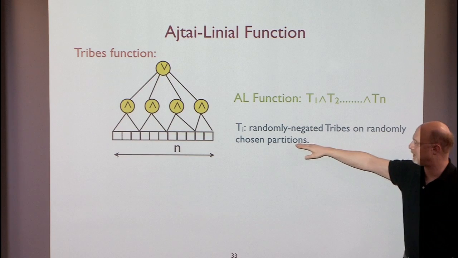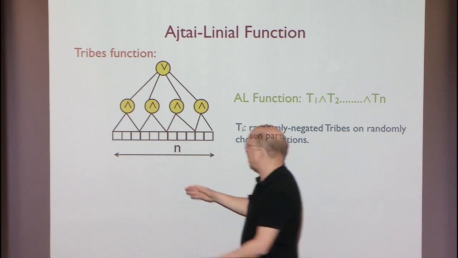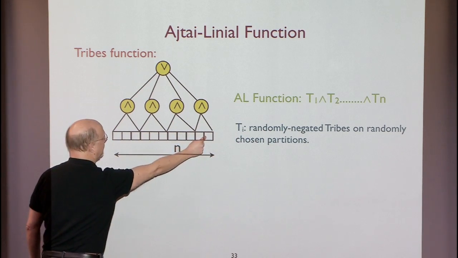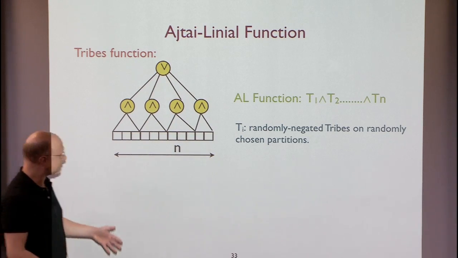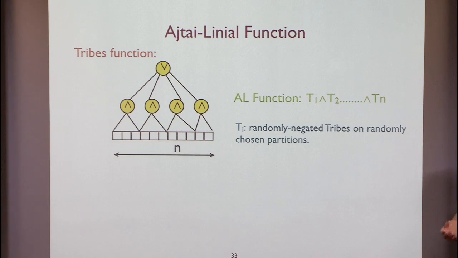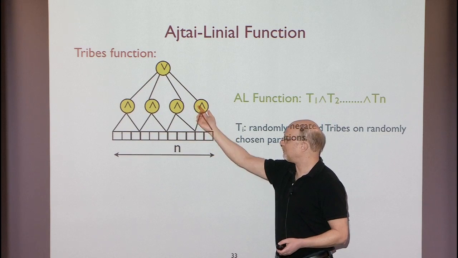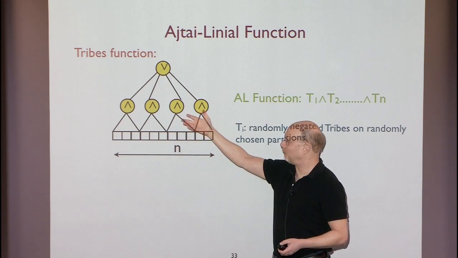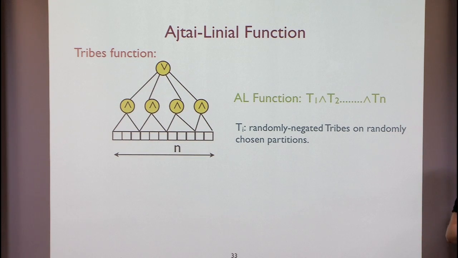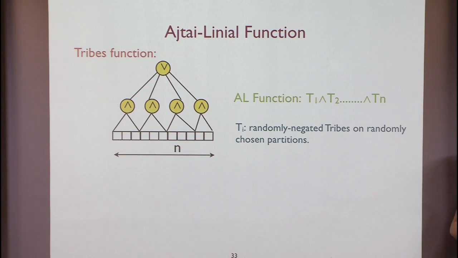And the partitions are chosen randomly. One partition might look like this. In another partition, the first tribe might be here, here, and here. So the partitions are quite different. The intuition is that if an adversary tries to control a few tribes in one or a few functions, it won't be able to control at least one tribe in all the functions.